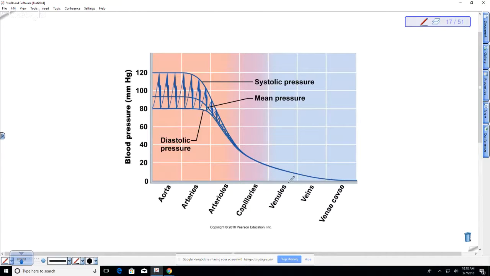And in the veins coming back, the blood pressure could be really low, maybe even 10 or 15 millimeters of mercury. So you see how blood flow, due to the differences in blood pressure, drops off as the blood travels through the circulatory system.